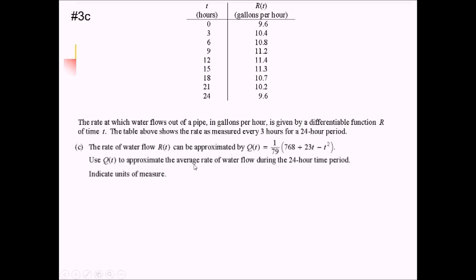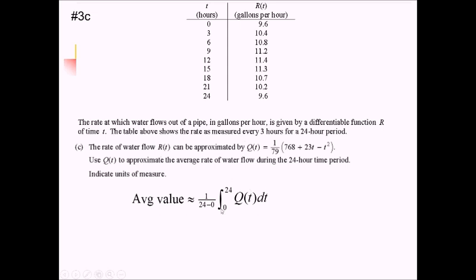That's going to be 1 over the interval length, so 1 over 24 minus 0, times the integral from 0 to 24 of the thing I'm trying to average. I'm just going to write q of t dt in here because they already told me what q of t is. And note that I said average value is approximately equal to, because they didn't say that q of t was r of t. They said it was an approximation of it.